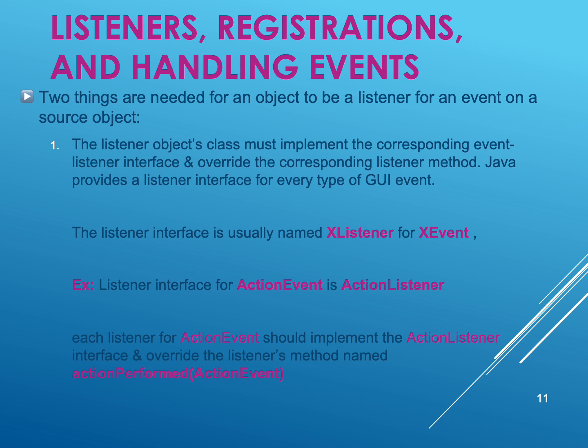For example, the listener interface for ActionEvent is ActionListener. Each listener for ActionEvent should implement the ActionListener interface and override the listener's method named actionPerformed(ActionEvent). If you do not override the method, it will give you an error. This relates back to interfaces and abstract methods.